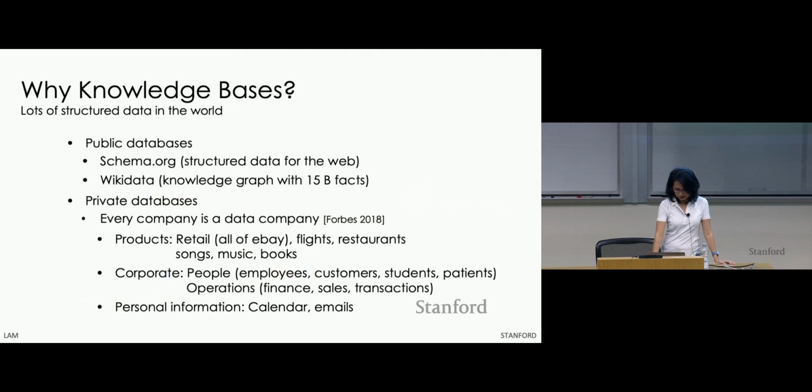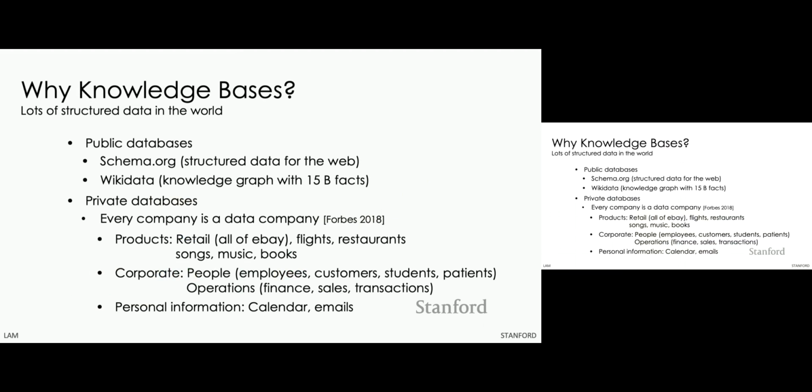All right. So let's start with knowledge bases before we get into the hybrid data structures and so forth. So why do we care about knowledge bases? There's just lots of structured data in the world. If you look at what is publicly available, we referred to the Wikidata a couple of times. There's also this thing called schema.org.